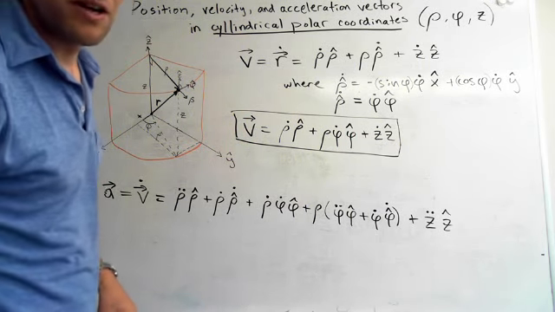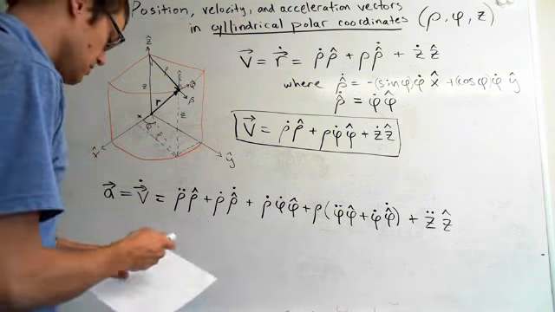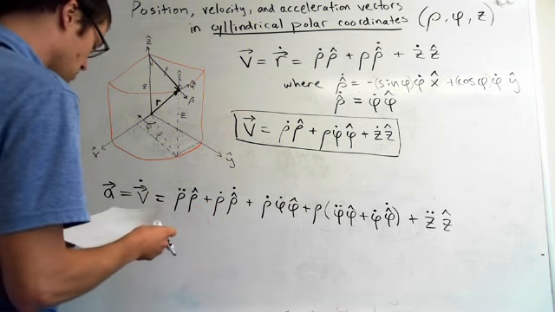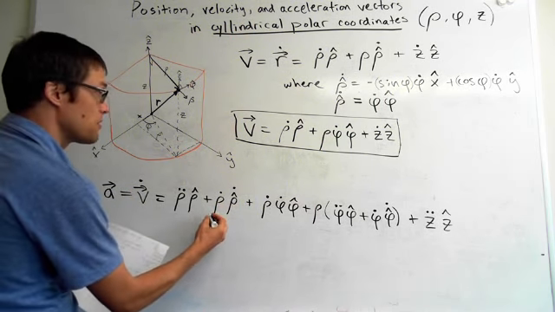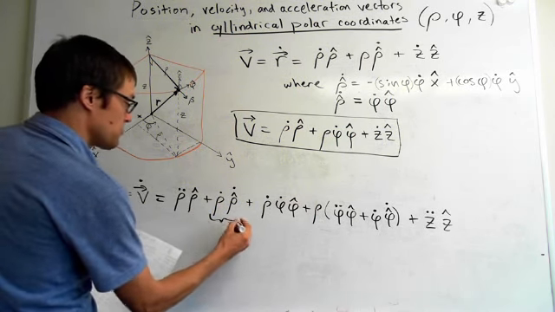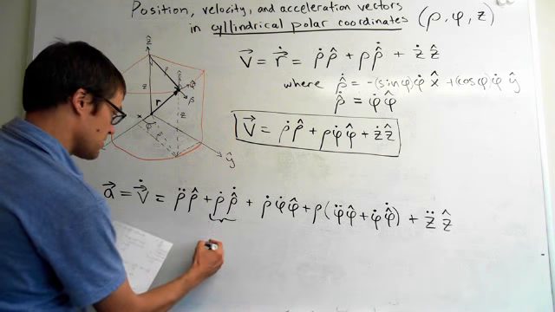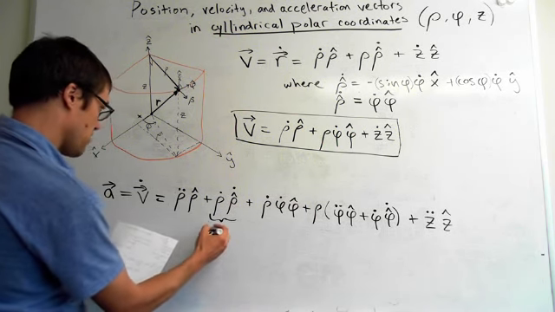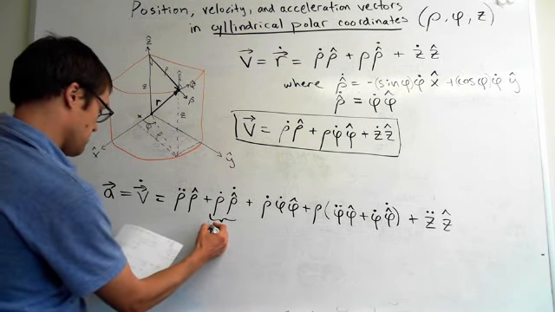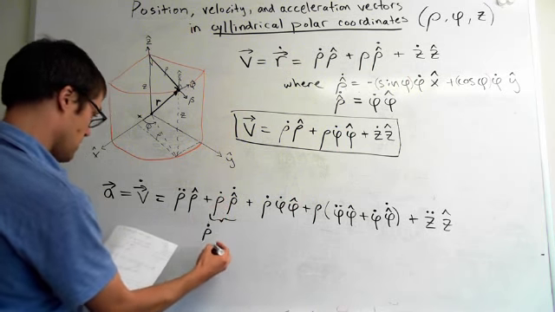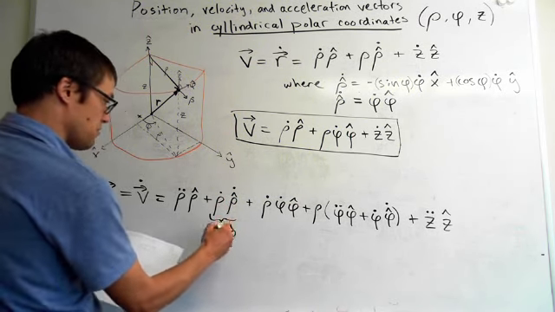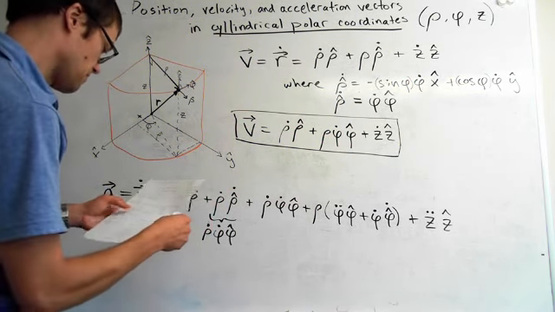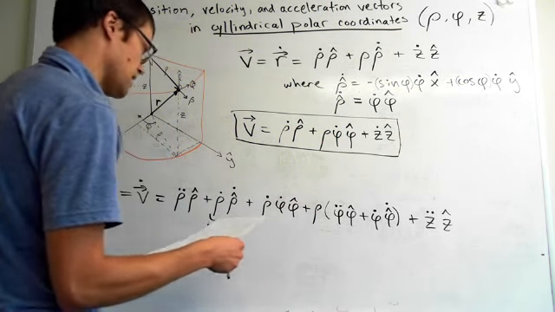All right, so let's see if we can simplify some of this. Well, we know already what rho hat dot is. We just figured that out a few minutes ago. So if we rewrite rho hat dot, this term becomes rho dot, and then we have phi dot phi hat. Phi dot phi hat is rho hat dot. Okay.